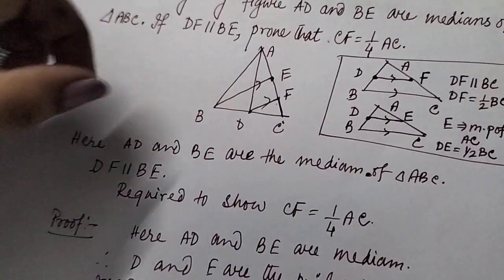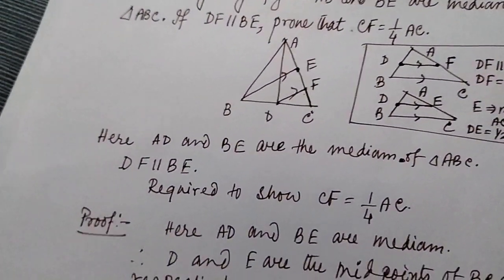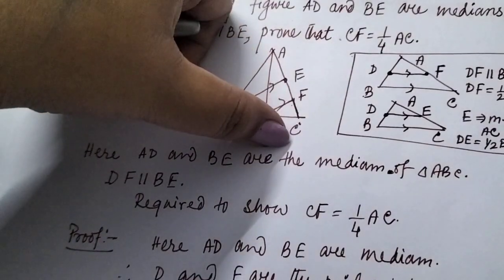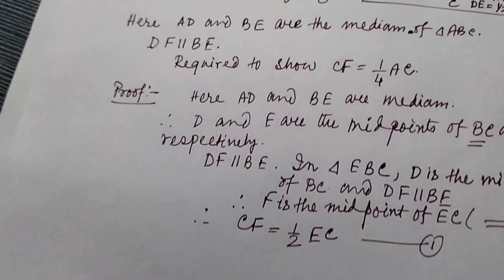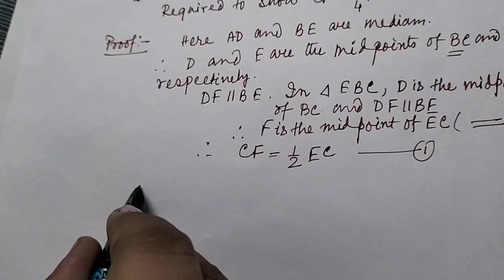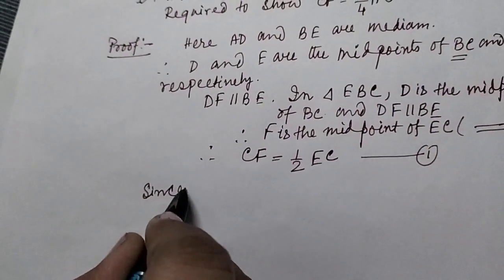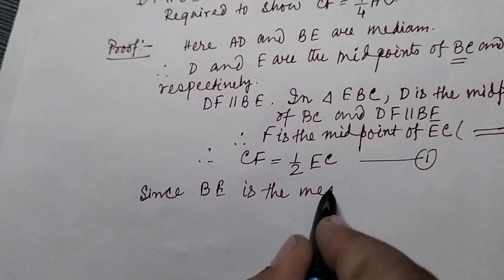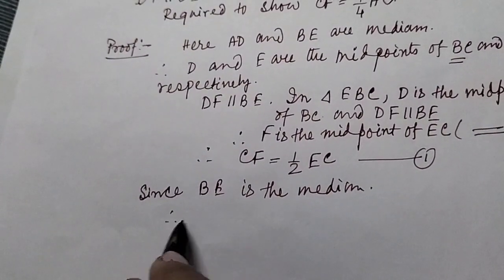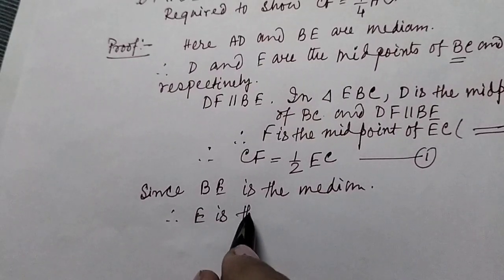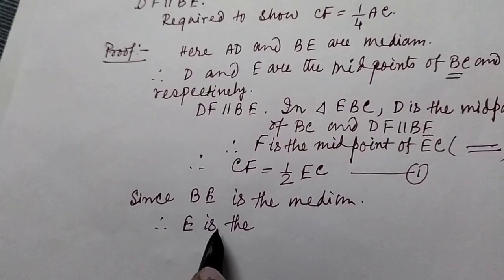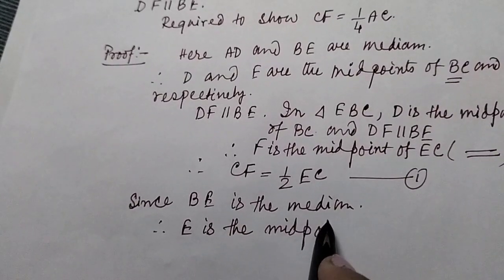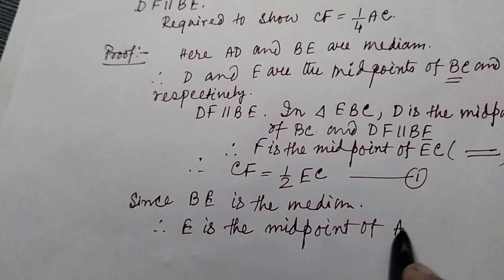Okay. Now, we can see that BE is the median. So E is already the midpoint of AC, right? Since BE is the median, so obviously, E is the midpoint of AC.